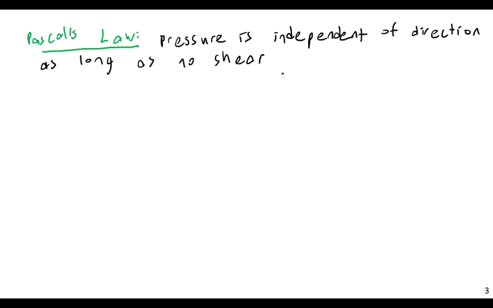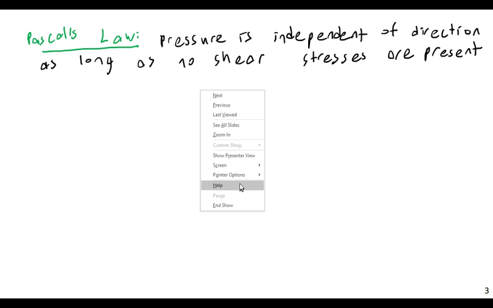But as long as no shear stresses are present, we're not going to have a problem. And mainly this is true when the fluid is in static equilibrium, or when the fluid is stationary. So again, pressure is acting with equal intensity in all directions.